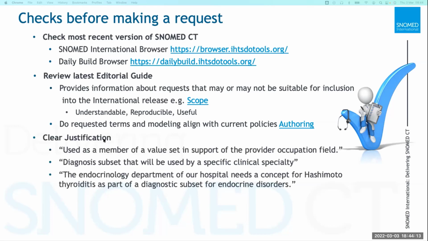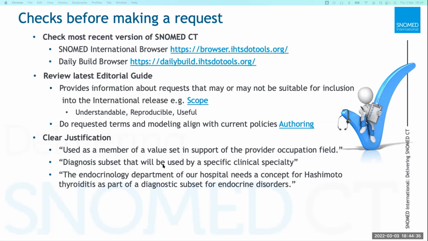One key thing is when you make a request, the idea is to have clear justification for why you would want that extra content in. We've learned from past terminologies that just requesting something that doesn't exist in SNOMED isn't always helpful if it's never going to be used in the wider context.